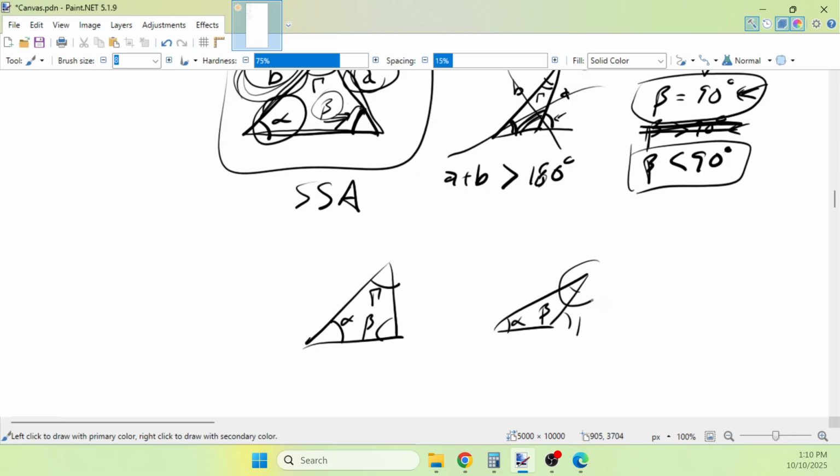And if that gives me a positive angle for gamma, then I have two different triangles. I have to solve both of them. If I get something negative up here, then I don't have it.